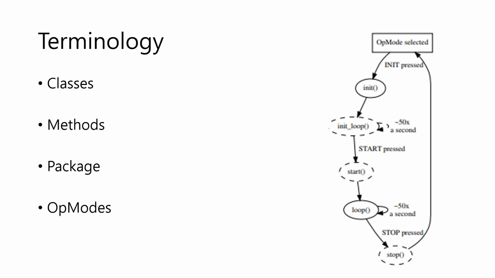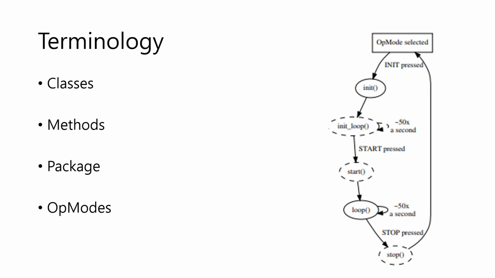So what is the op mode that we're all talking about? To know that, we have to get familiar with some terminology. So first, classes in Java: all code is grouped together in classes.